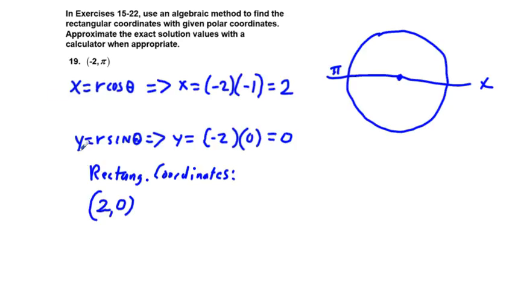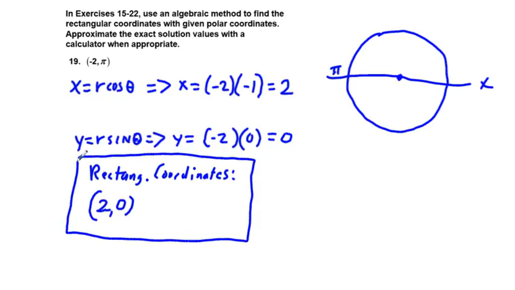Next. Let's go to our odd number problem 21. Last one we'll look at in this set. Okay, here we have the polar coordinates 2, comma 270 degrees. Well, again, I'm going to put x equals r cosine theta, and y equals r sine theta.